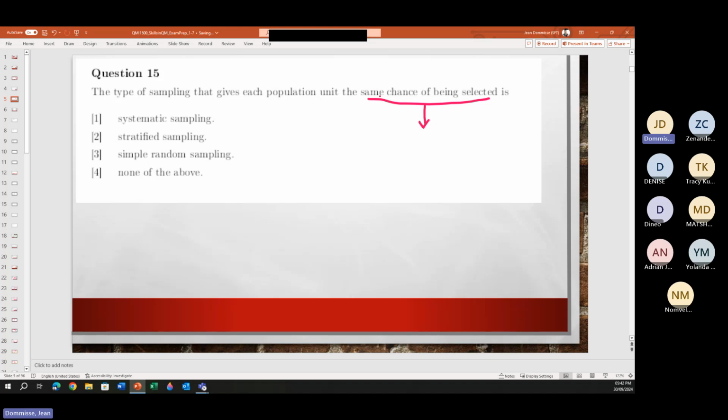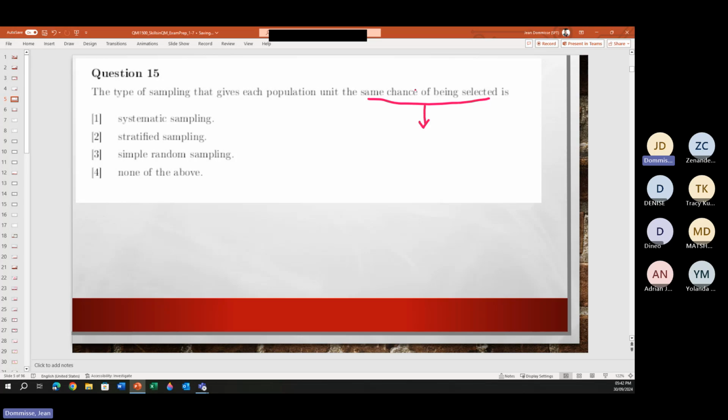If I look at something like that, I want to say it's random, because it gives each person, or each population unit, the same chance. If I look at everybody that's online tonight, and I need to pick one of you, I would just randomly select somebody.